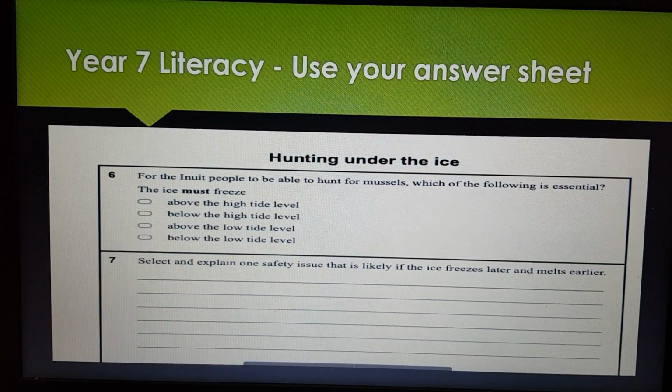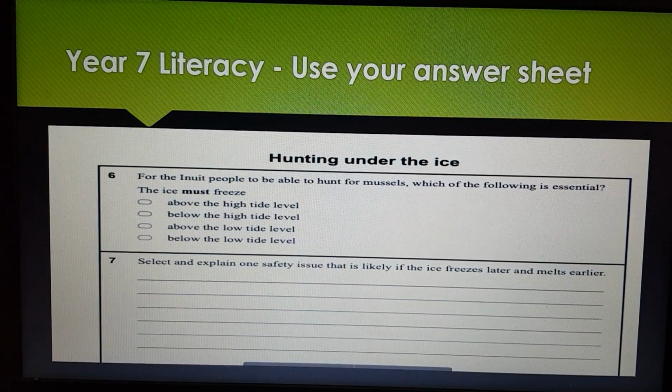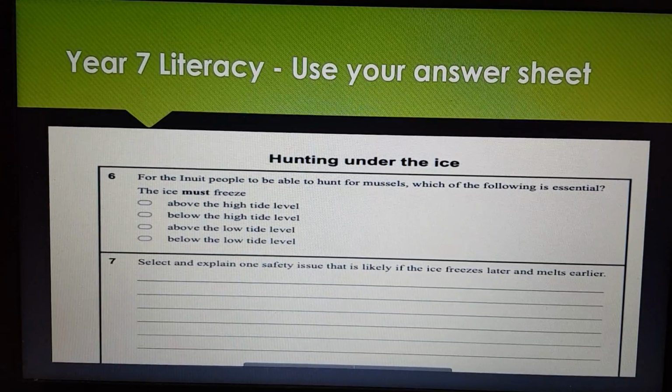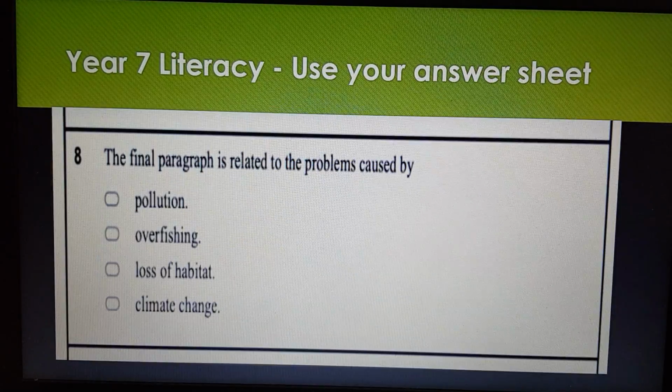Question 7. Select and explain one safety issue that is likely if the ice freezes later and melts earlier. Question 8.